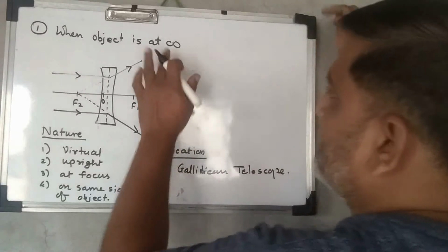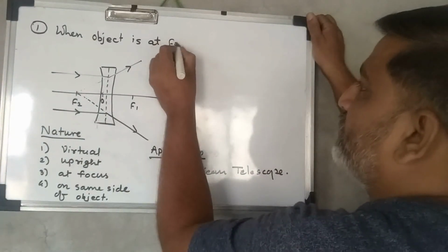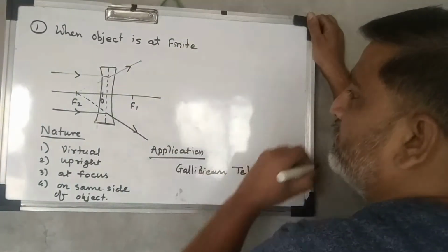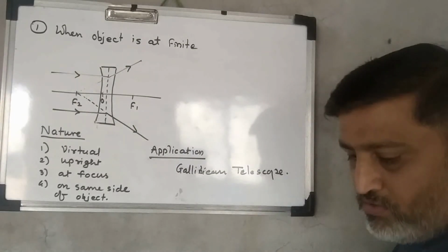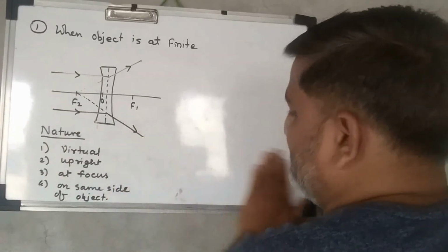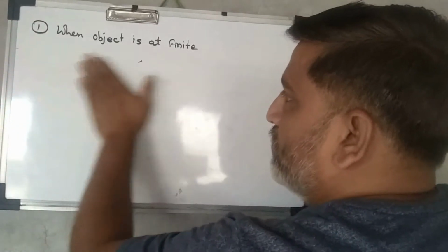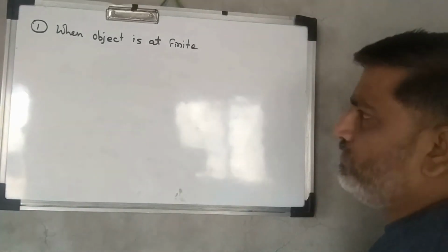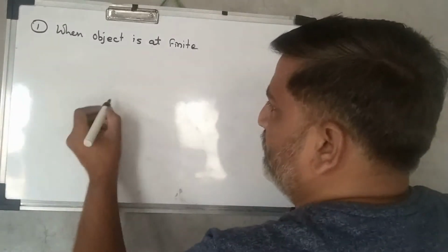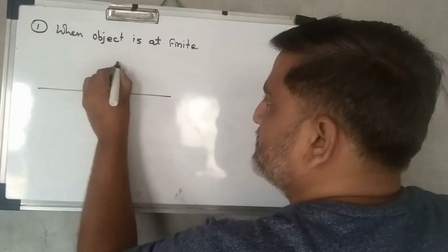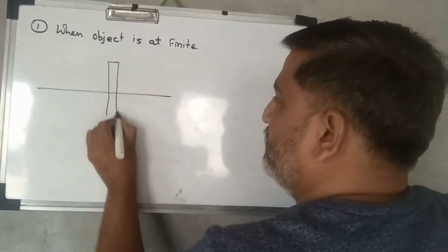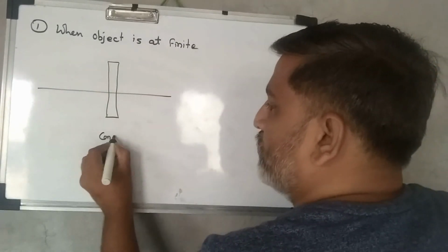Next is when the object is at any finite distance, okay. When the object is at a finite distance, here we are going to talk about all the cases which we saw in the case of the convex lens, right? So take the object anywhere, take a principal axis, and then the lens over here, which is a concave one.